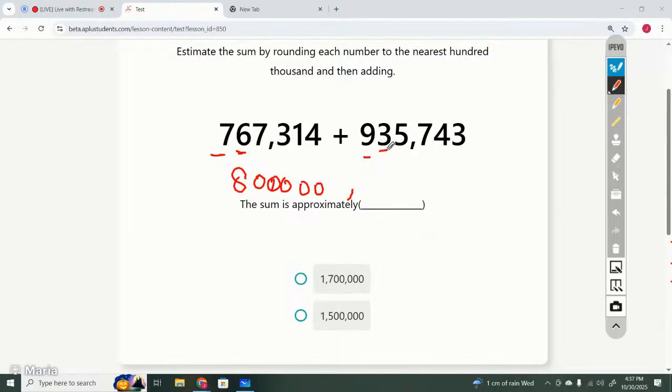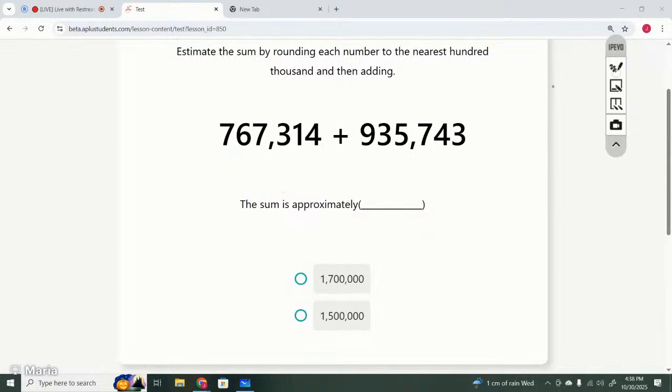And 9 would be rounded to 900,000. So we need to add, right? 8 plus 9 is 17, so the correct option is option number 1.